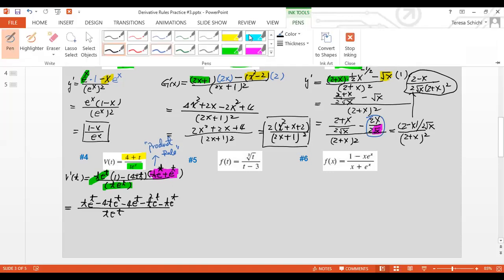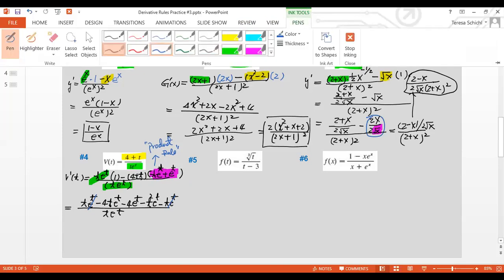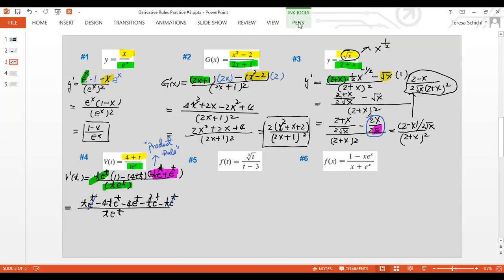Now let's take a look at which terms I can cancel. Anything? Yeah, t e to the t. That's pretty good, right? So t e to the t I can cancel, and I guess that's it. After that, I do see the e to the t's. In here I have e to the t, e to the t, and e to the t.